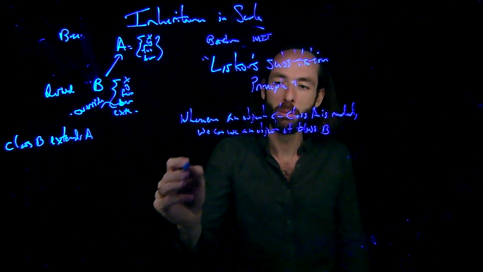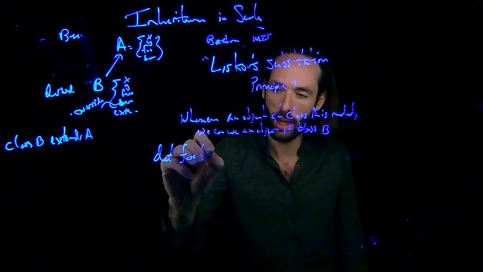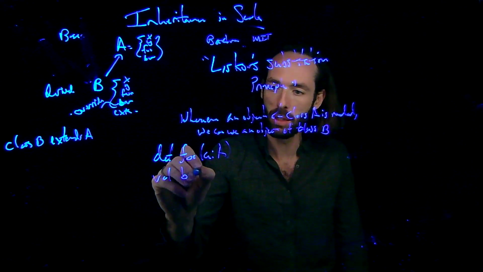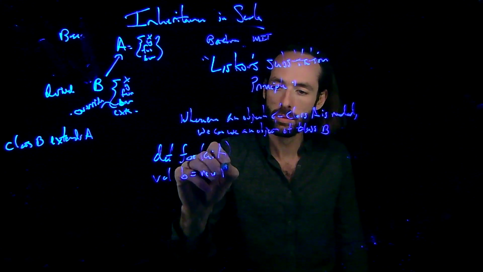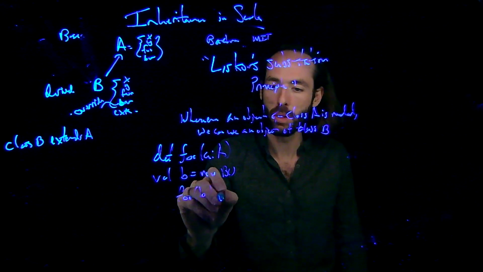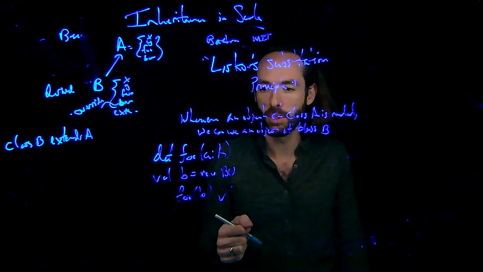Programmatically, we would say something like this. If I have foo that takes in an A, and maybe I have a new B, then I can always call foo on B. This works, and that's Liskov's substitution principle.